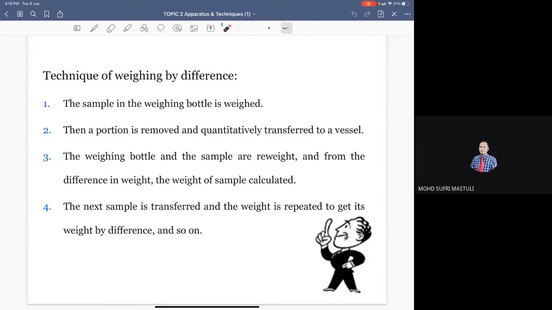Then a portion is removed and quantitatively transferred to the vessel. The weighing bottle and the sample are reweighed, from the difference of which the weight of sample can be calculated. The next sample is transferred, which is repeated to get the weight by difference.